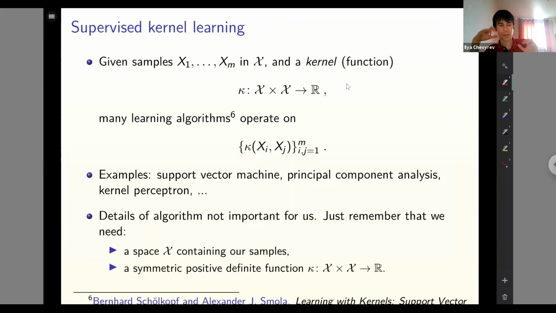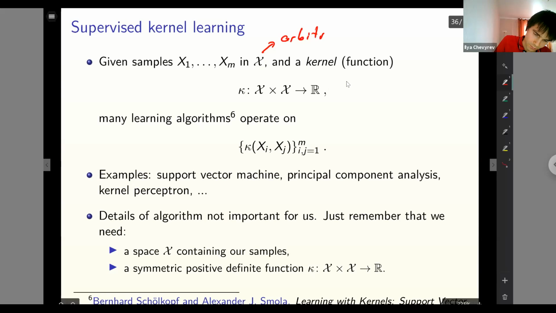Kernel methods operate by starting off with a finite collection of samples, which take values in a potentially nonlinear space. Let me emphasize that this is an arbitrary set at this stage.